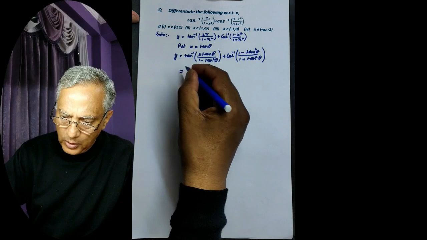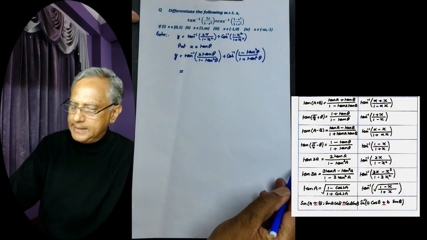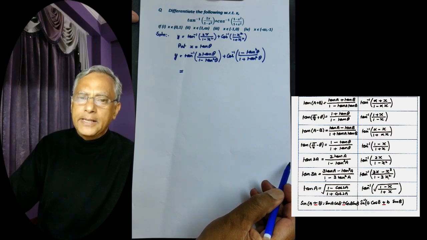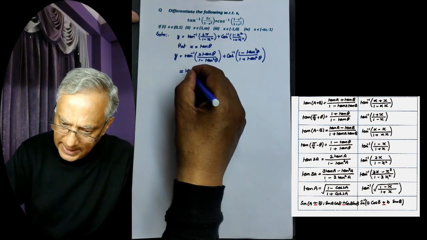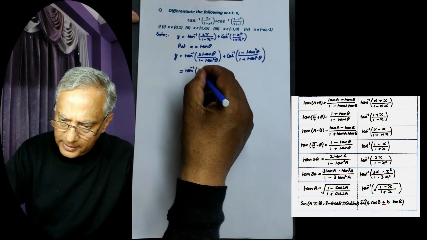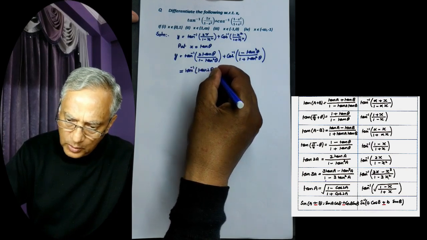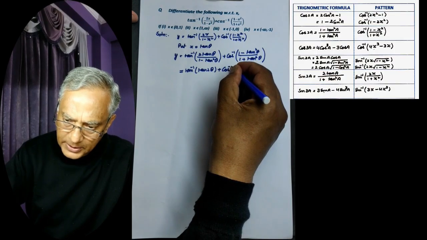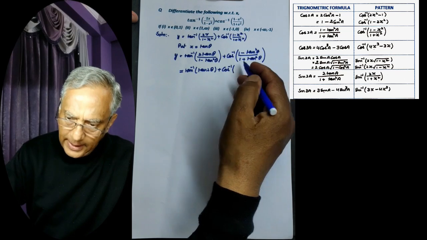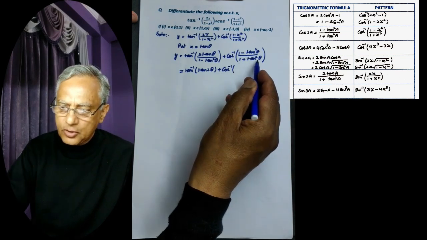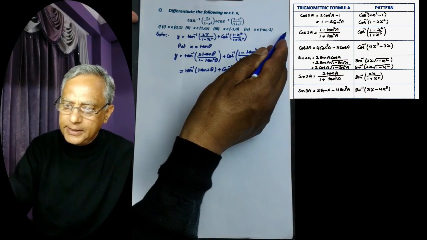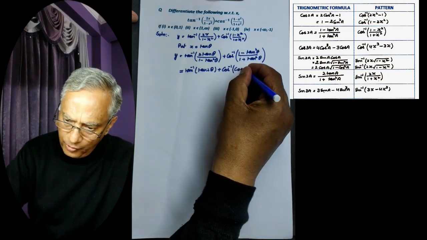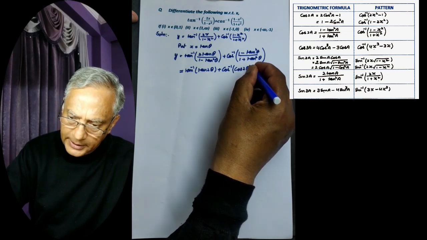This is equal to, now tangent of 2 theta is 2 tangent theta over 1 minus tangent square theta. So this is tan inverse tangent of 2 theta plus cos inverse of 1 minus tangent square theta over 1 plus tangent square theta, which is cos of 2 theta.